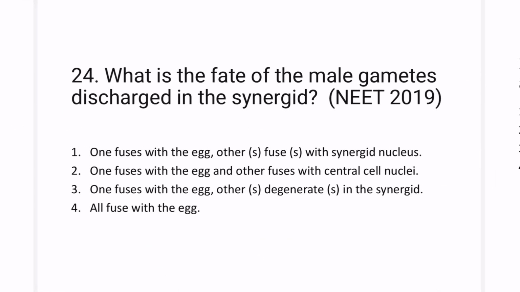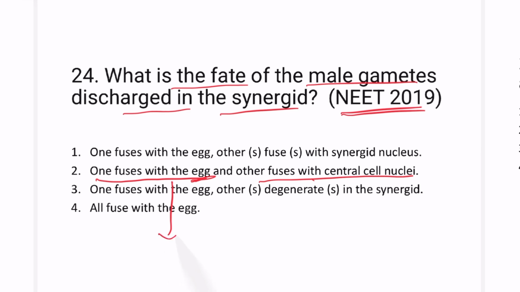And the next question, this is the question from NEET 2019. The question says, what is the fate of the male gametes discharged in the synergid? One male gamete is going to fuse with the egg, and the other fuses with the central cell nuclei. When it fuses with the egg, that is called syngamy.